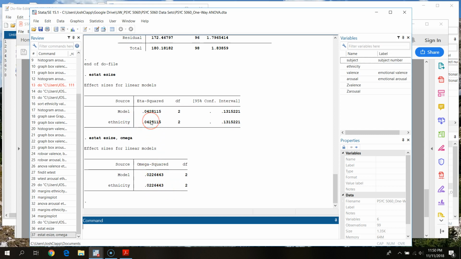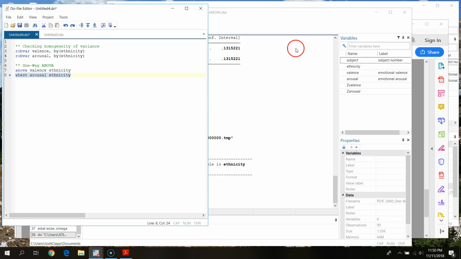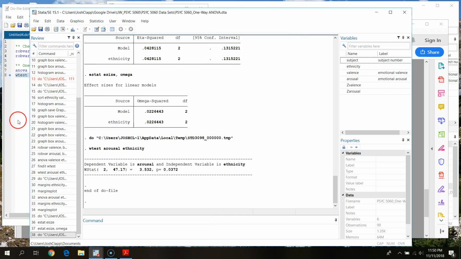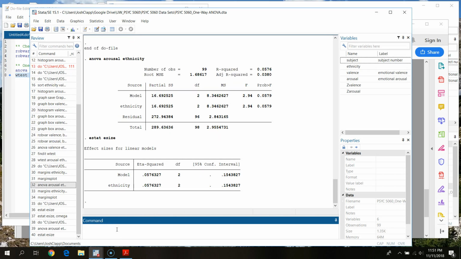Okay, so this is going to be a population estimate. This is going to be descriptive of what we've got going on in the sample, seeing the difference between these two. Okay, same thing, we can go back through and do the same thing for our arousal measure. So ANOVA arousal. Okay. So here we go. We've rerun our arousal model, and if we go estat esize and run that, here's our eta squared for arousal.